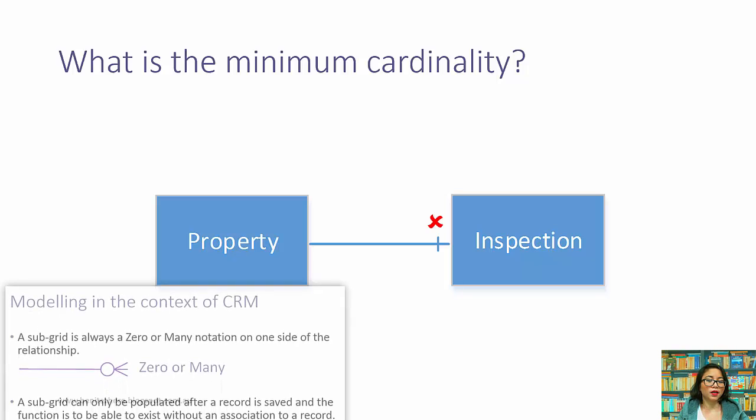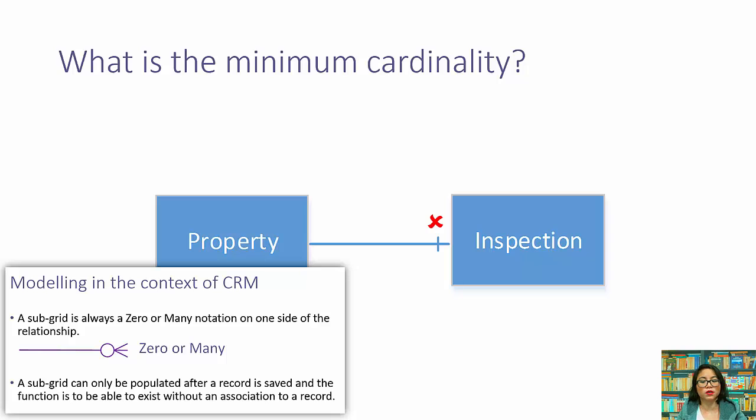But going back to my earlier slide, a subgrid is always going to be a zero or many notation because of how, in order for the subgrid to work... sorry, I just explained this wrong. Okay. So the inspection is always going to be a zero or many notation because of how that maximum cardinality is a many notation.